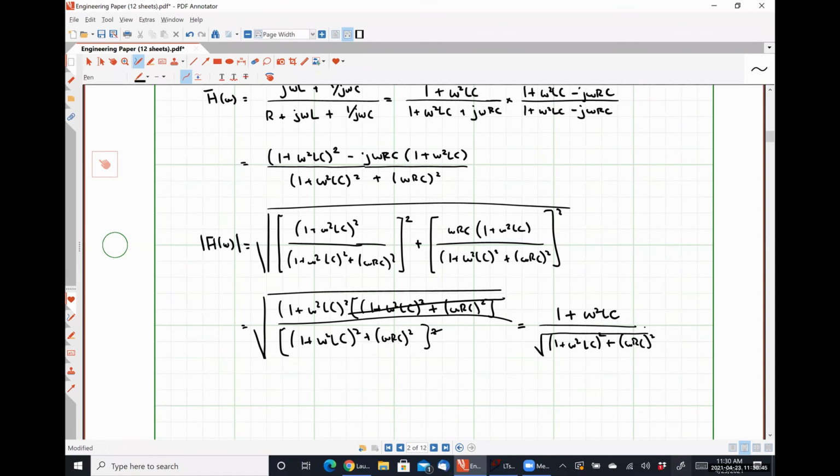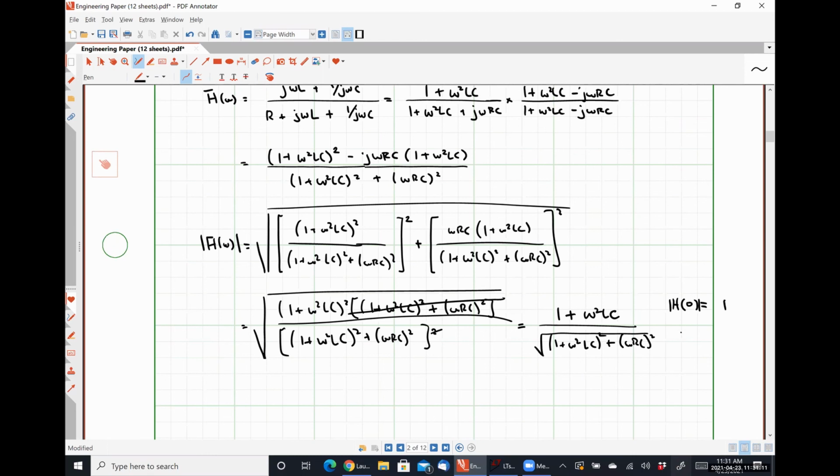All right, so to prove that this is a band stop filter, at omega equal to 0, what does this come out to be? 1, right? Because we're going to have 1 plus 0 over the square root of 1 plus 0 plus 0.